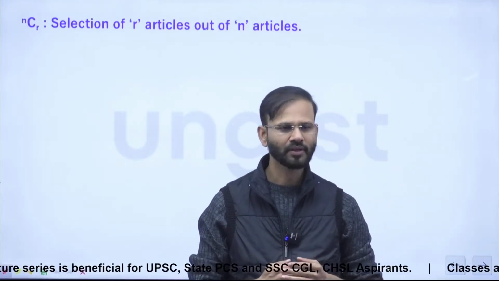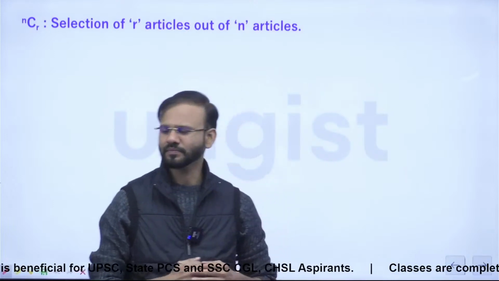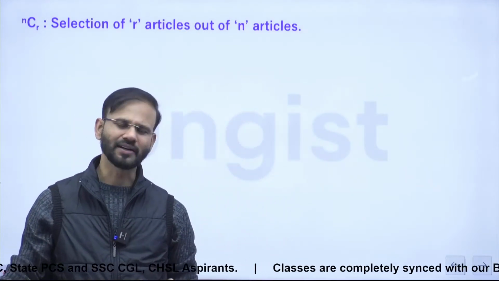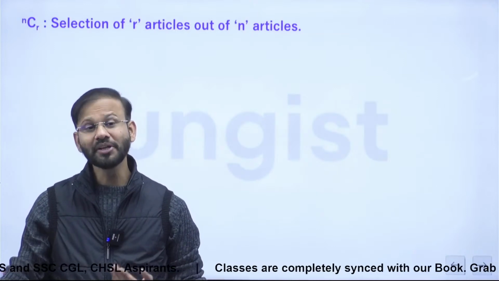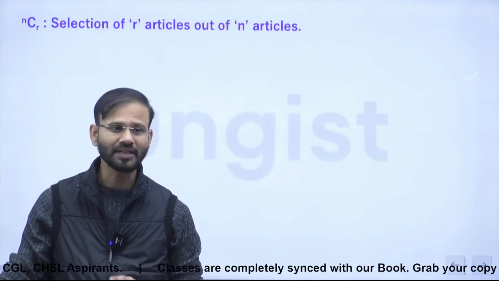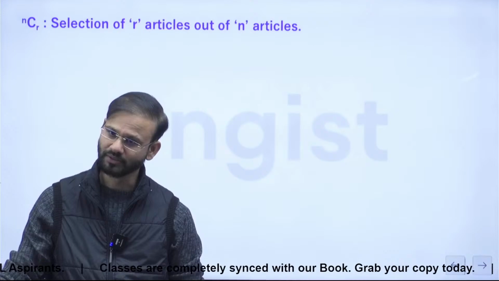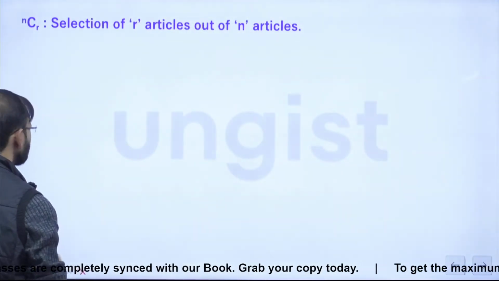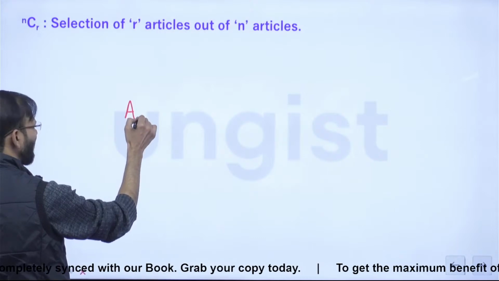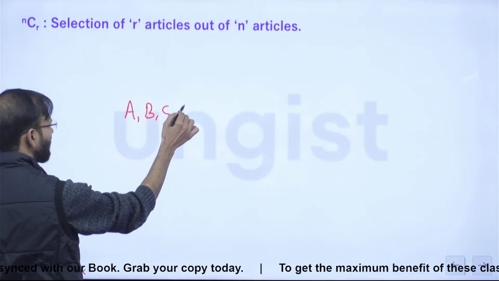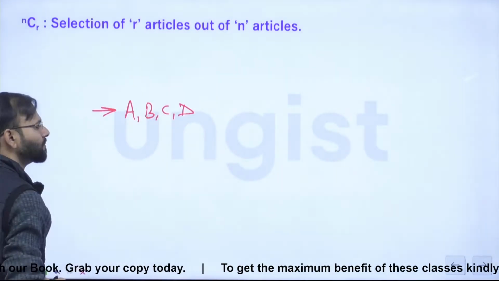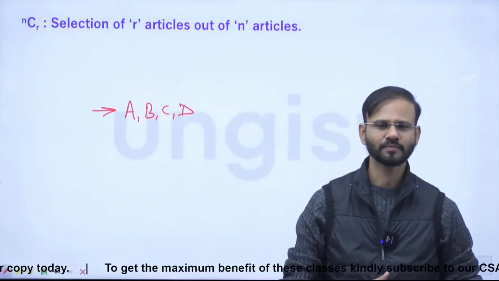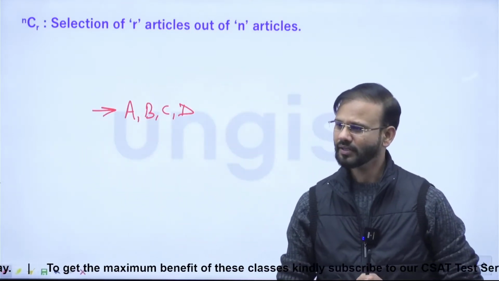Correct, guys? Now, friends, ठीक है, like for bookish thing it is okay, like number of ways of selecting R articles out of N articles. What is the meaning of that? Right? What is the actual meaning of it? Clear? Suppose that you have, let's say, 4 alphabets A, B, C, D. Correct, everyone? And if I ask you, give me the 4 alphabets, then what you will do?